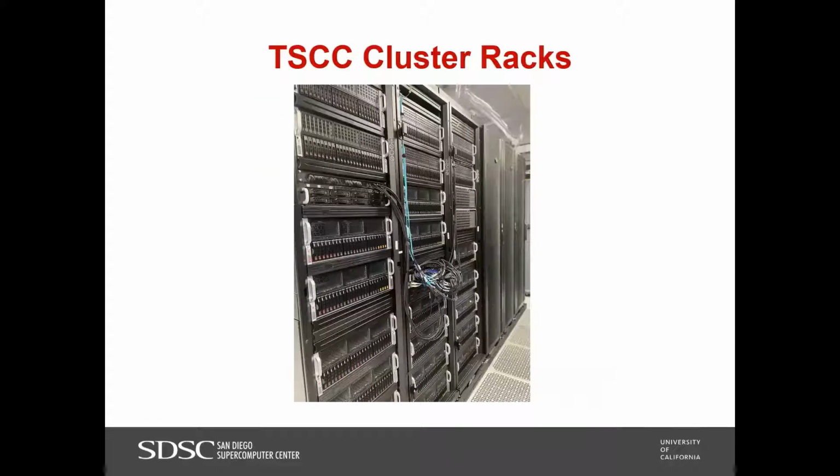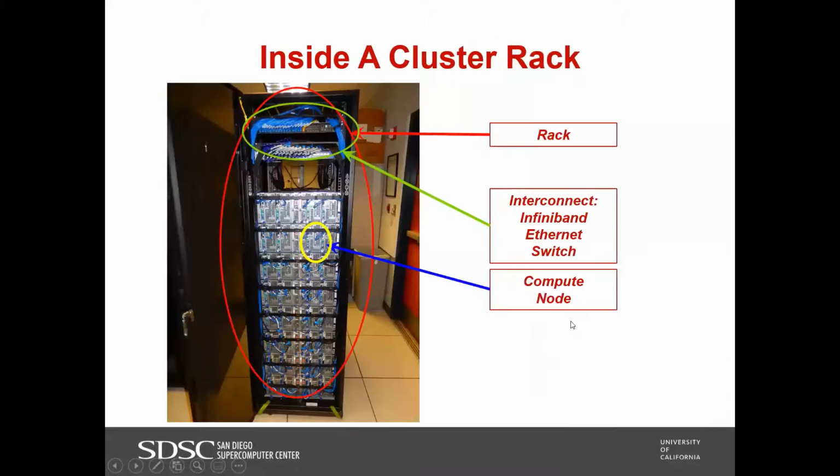So here is how TSCC cluster racks look. You will see that a TSCC cluster looks like this. There are many racks stored in the data center, and here is a close look inside a rack.